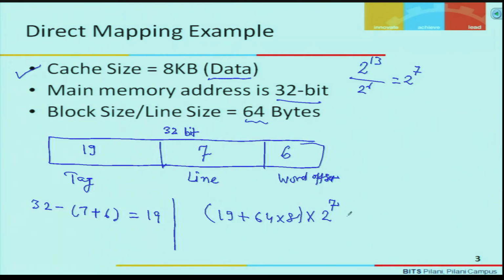That calculation will give you the total number of bits in the cache memory, CM standing for cache memory. So, if you have to calculate the total size of the cache, then you have to add the tag bits and the data part and then multiply by the total number of lines. So, this is the direct mapping.